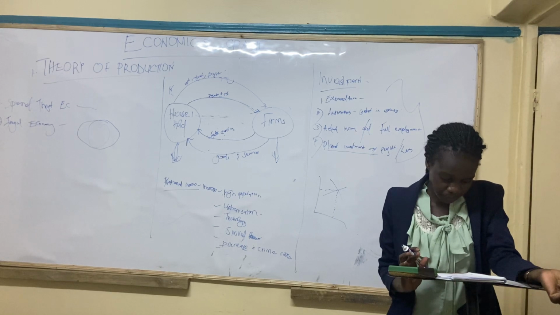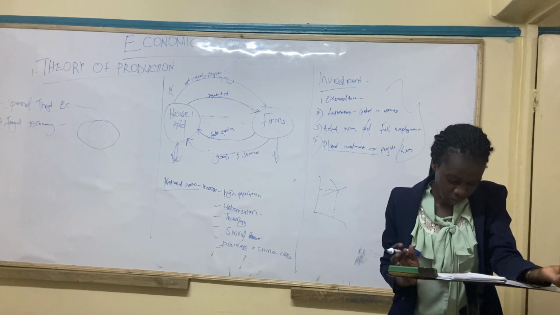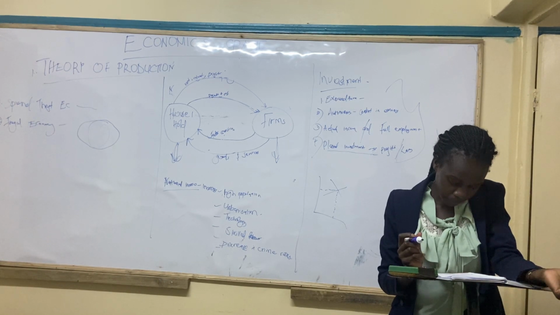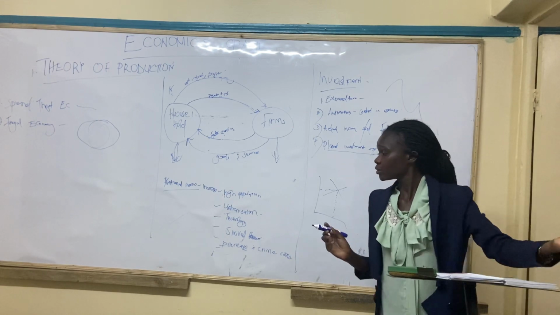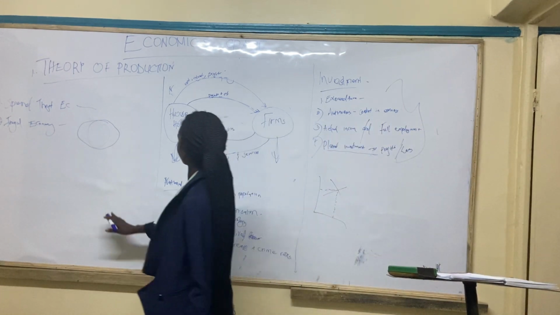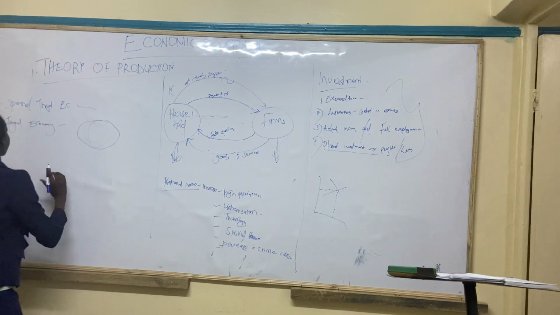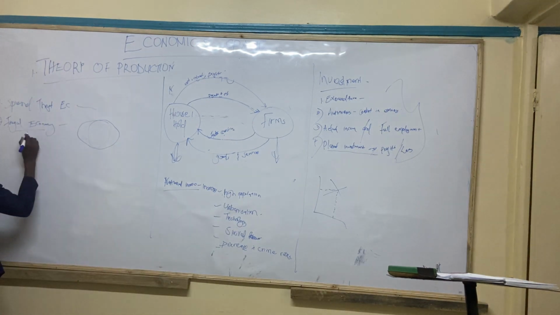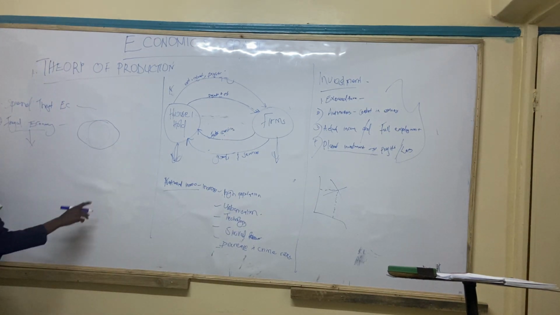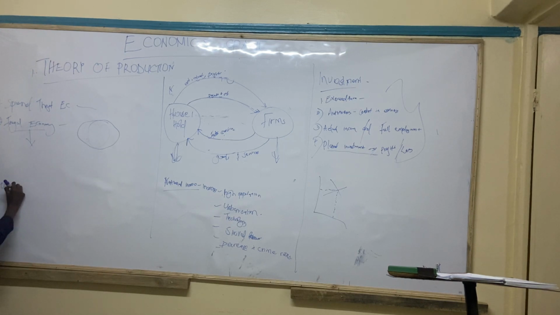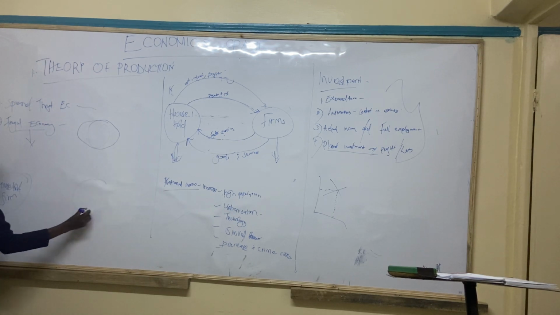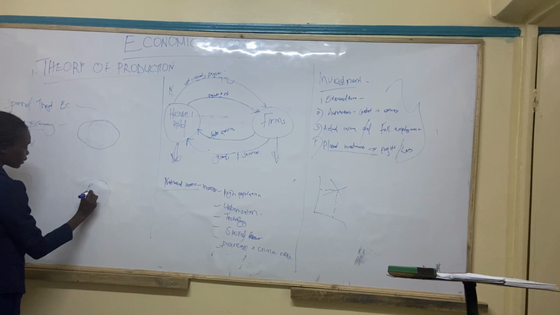So there is an equilibrium on this. There is equilibrium on frugal economy, that is between households and farms. This is household, this one is a farm.